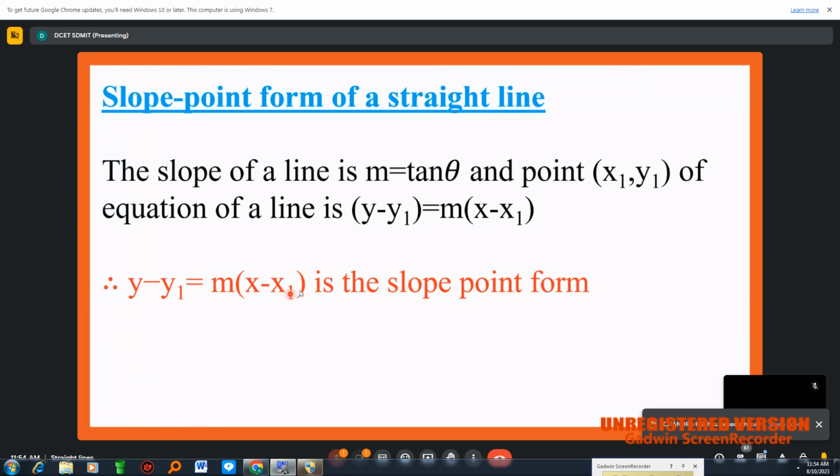So can you take down this one? Y minus y1 is equal to m into x minus x1. So if in the question they can give the slope and they can give the point x1, y1, then we have to find the equation of a line using this formula.